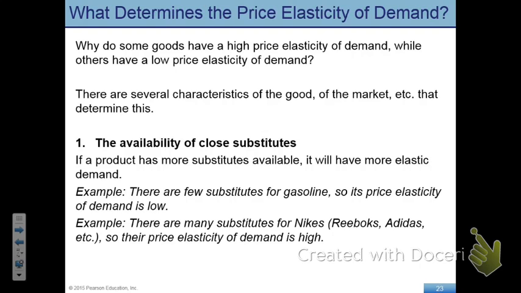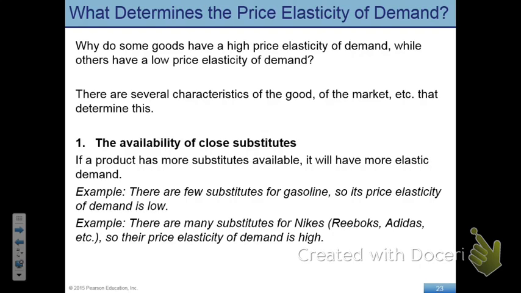The availability of close substitutes really affects your price elasticity of demand. So we can go back to the insulin example, and we can argue that insulin probably doesn't have a close substitute. Why? Because it's a life-saving medication, and there are no close substitutes of insulin. So for a good that does not have any close substitute, the demand is going to be very price inelastic.